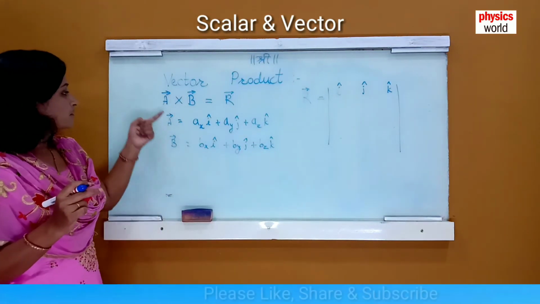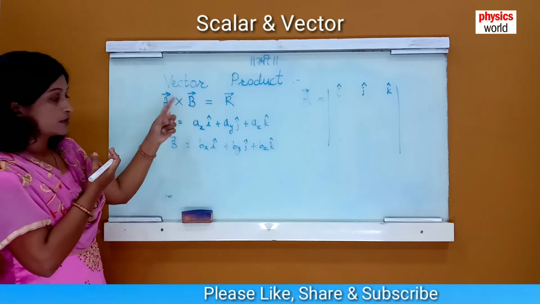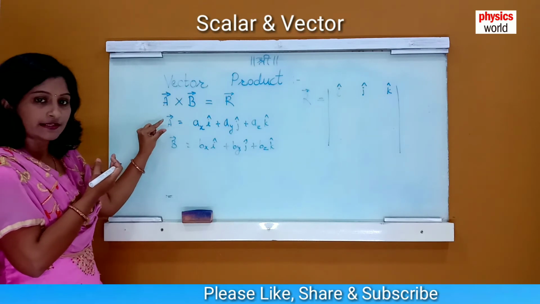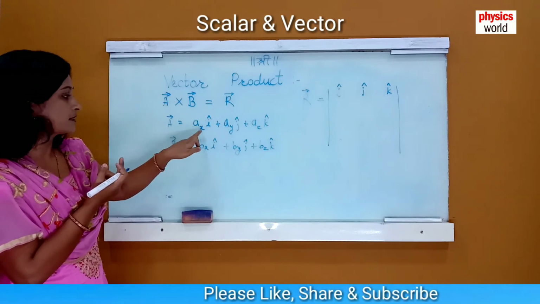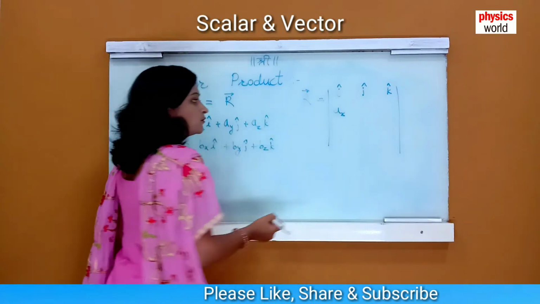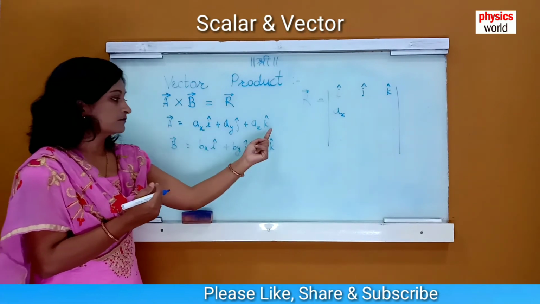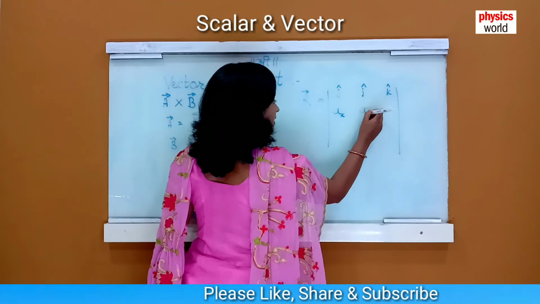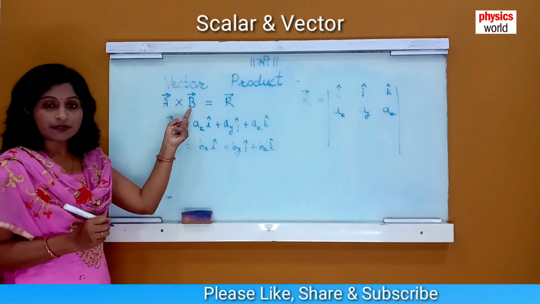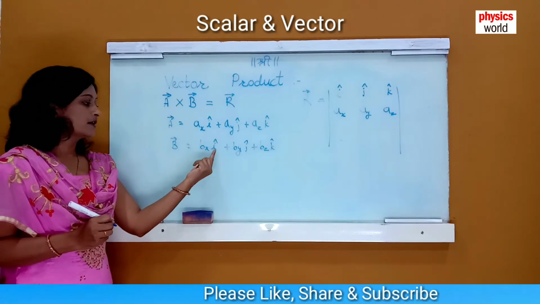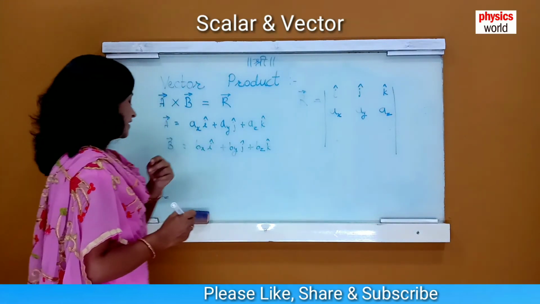In the second row, whichever vector is written in the first place of this product, that vector must be taken first. That means vector A has to be taken here. Take the magnitude of this vector with respect to i; it is Ax. So i, and below that the magnitude Ax. So with i its magnitude Ax, with j Ay, with k Az. So the second row is Ax, Ay, Az. And in the last row, the place of the second vector, it is B. We take the magnitudes with i, j, k, what is written here: Bx, By, Bz, the same as we have taken for Ax, Ay and Az.